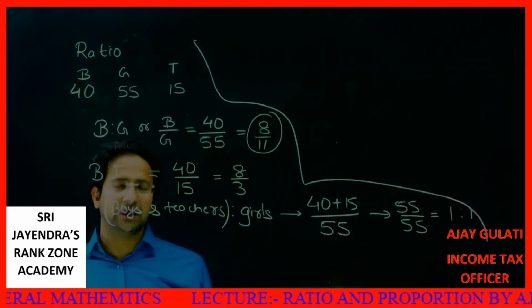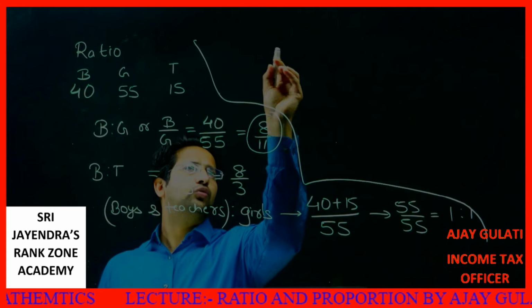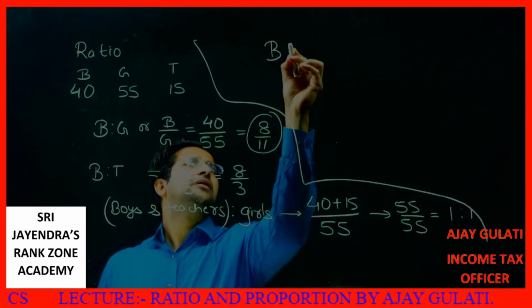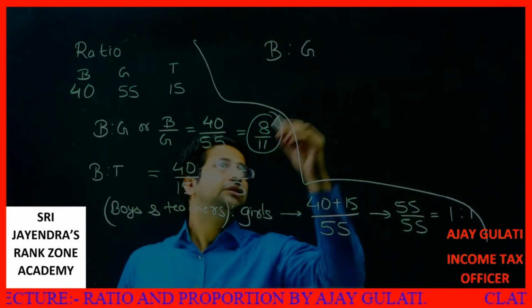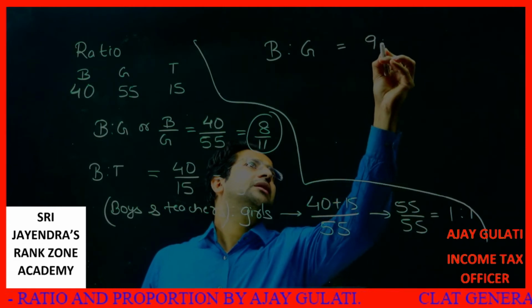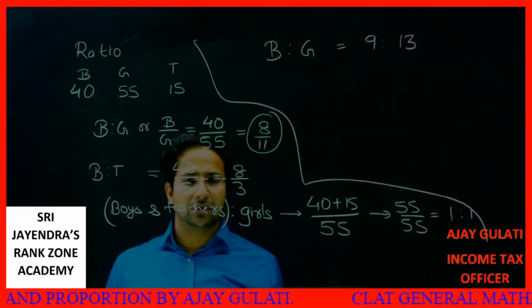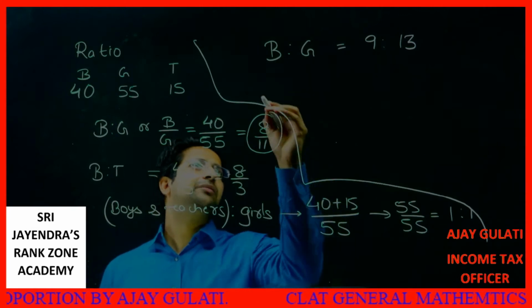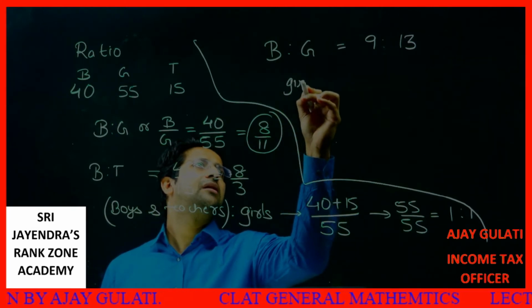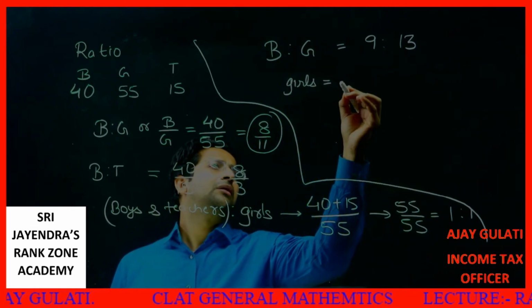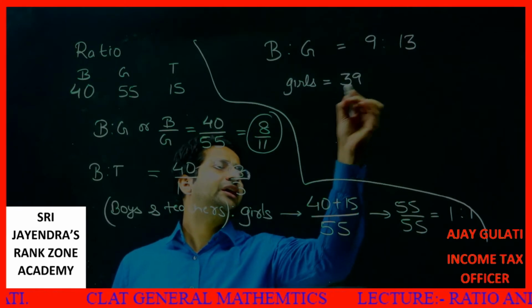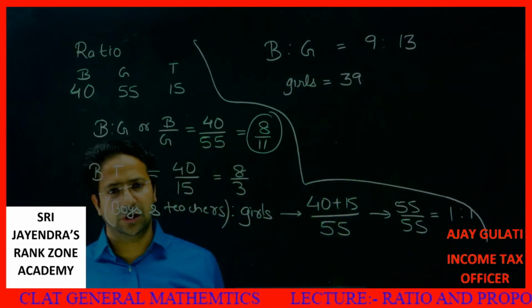Let's take one more thing. Suppose I say in a school boys is to girls is equal to 9 is to 13. Now somebody tells me that the number of girls are suppose 39. How many boys are there in the school? Very easy, students.